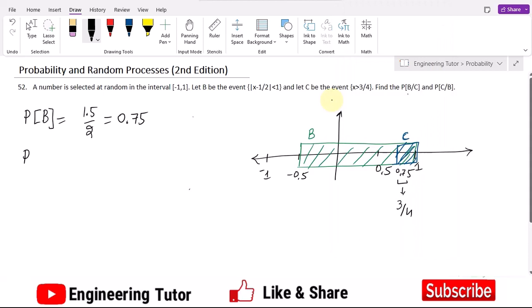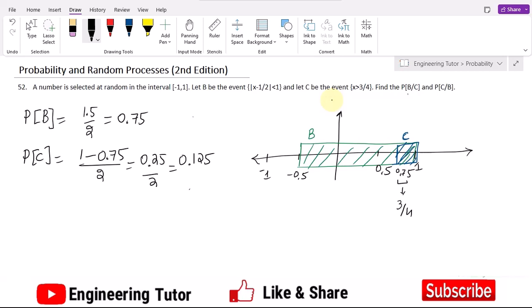Okay, and the probability of C was 1 minus 0.75 divided by 2. So this was 0.25 divided by 2, so it was 0.125. Okay, how did we calculate it?